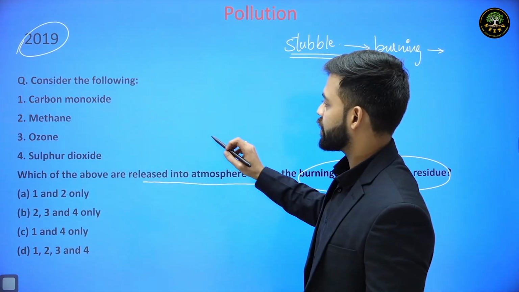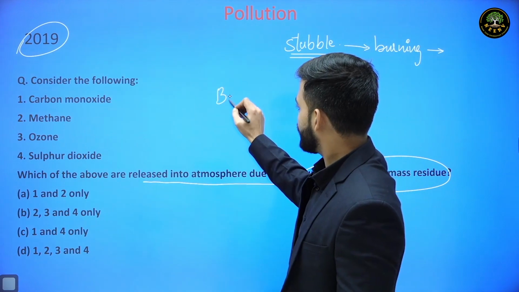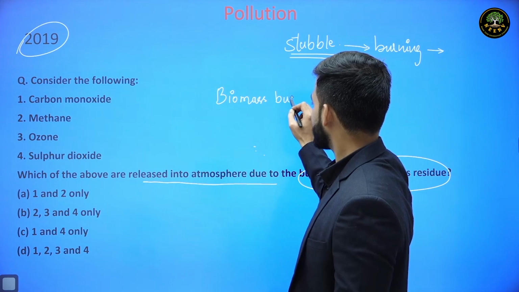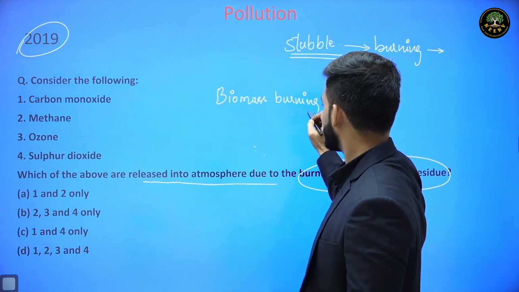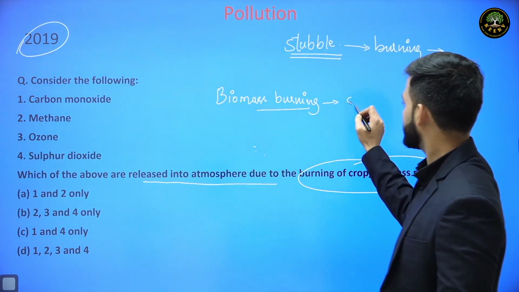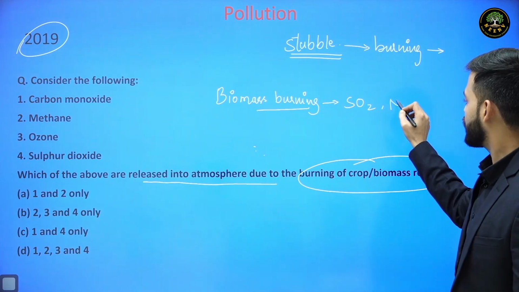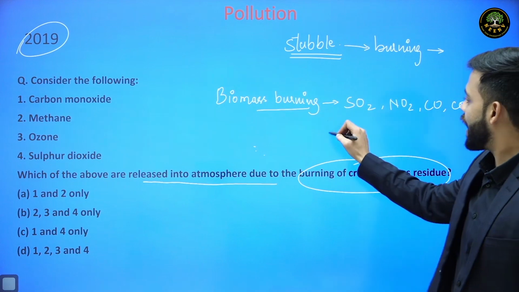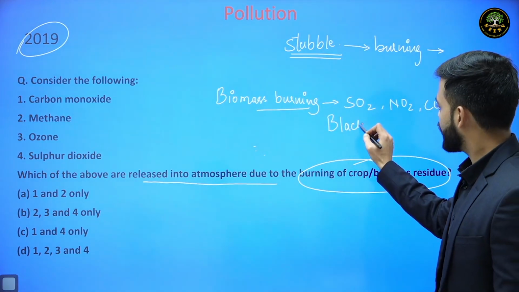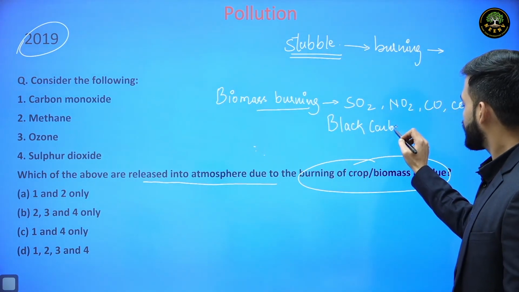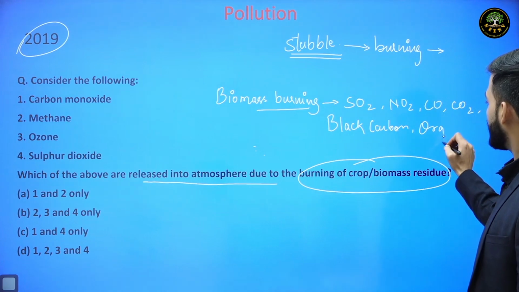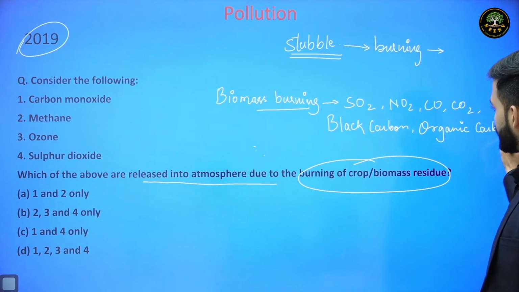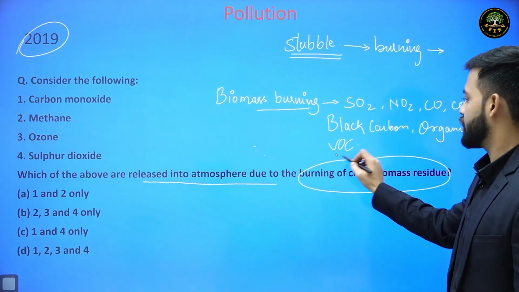As far as disposal is concerned, in case of biomass burning, various pollutants are released, including sulfur dioxide, nitrogen dioxide, carbon monoxide, carbon dioxide, black carbon, organic carbon, volatile organic compounds, and ozone as well.